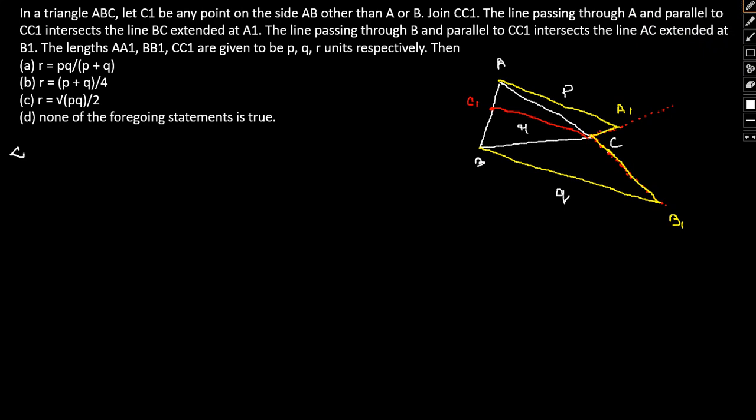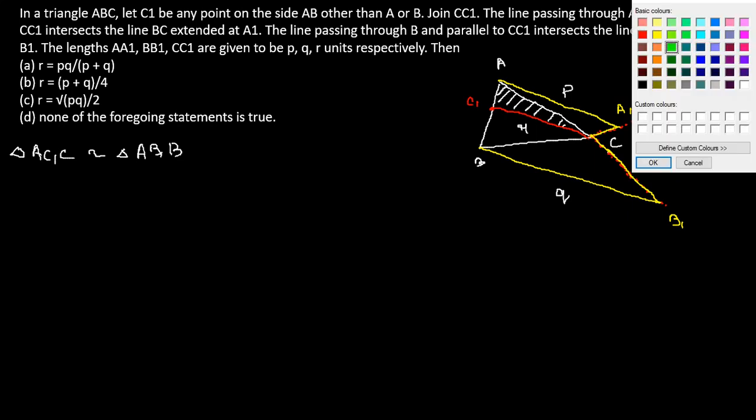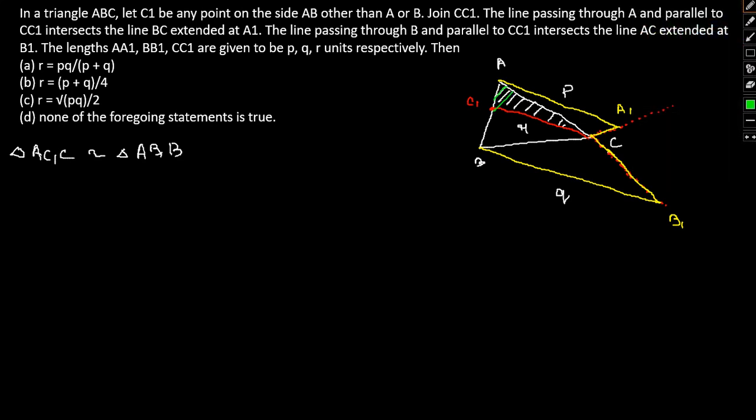Now here, if we look at triangle AC1C, this particular triangle, it is similar to triangle AB1B, this entire big triangle. Let me highlight the same with a different color. They are similar.